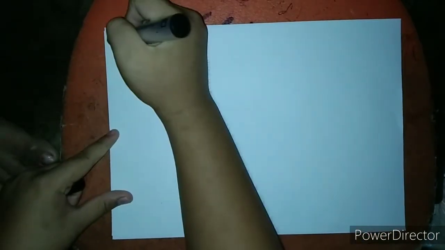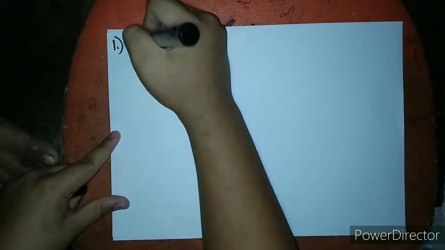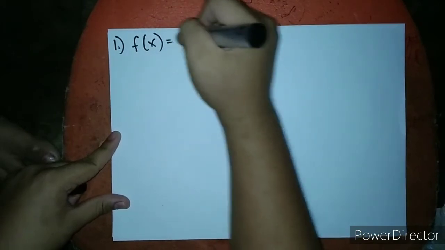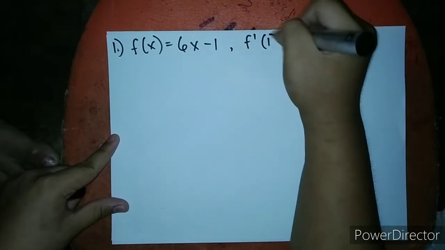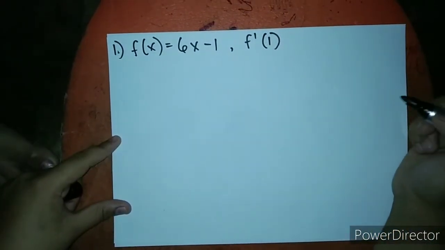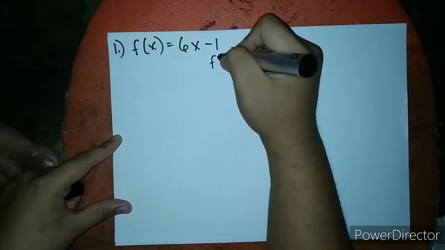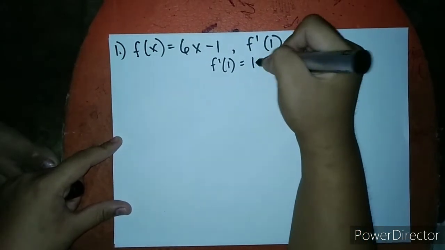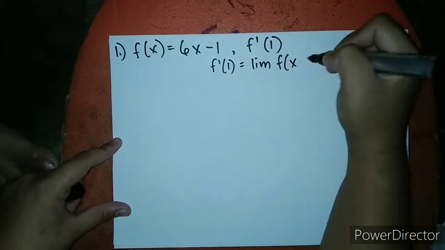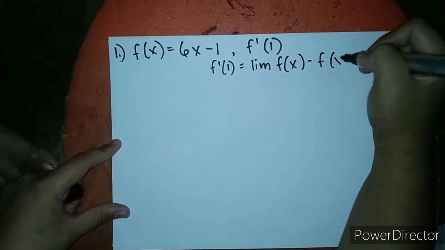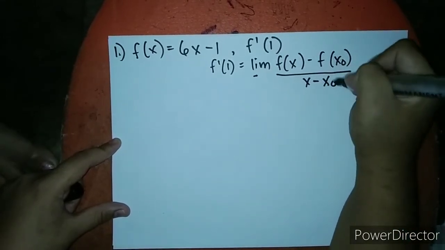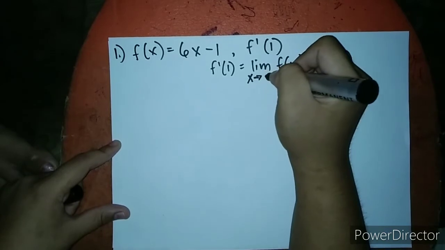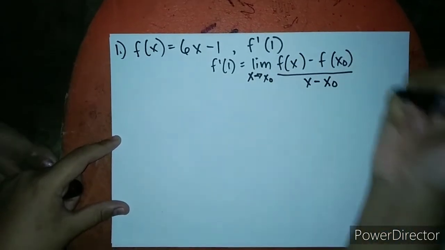Tingnan naman natin at pag-aralan ang unang example. Example number 1. f of x is equals to 6x minus 1, f prime of 1. So, ang formula na ating gagamitin ay f prime of 1 is equals to the limit of f of x minus f of x sub 0 over x minus x sub 0 as x approaches x sub 0.